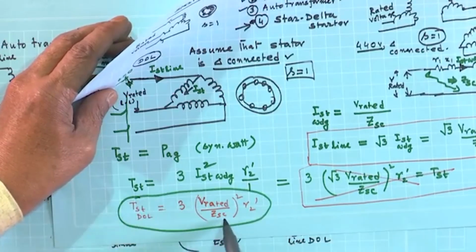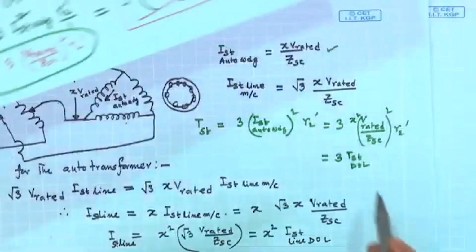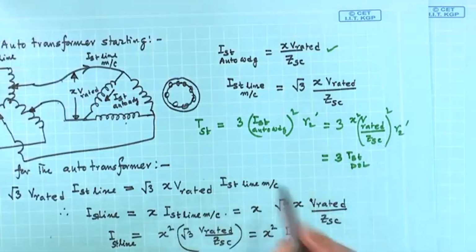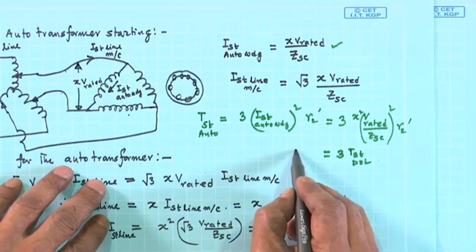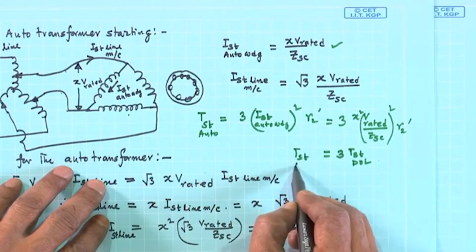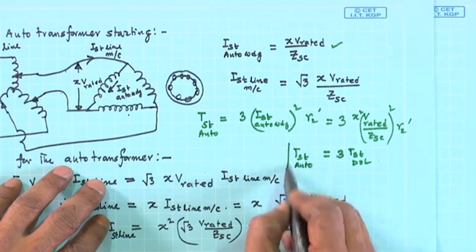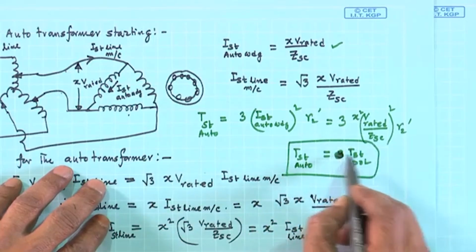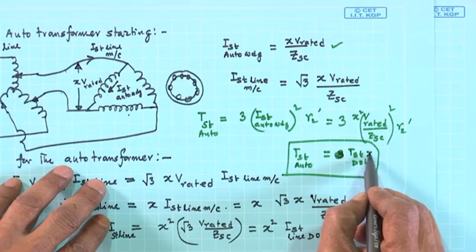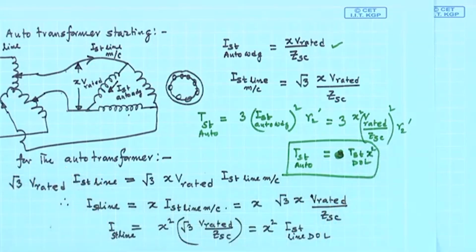Recall? So, T starting auto transformer is x square into this.